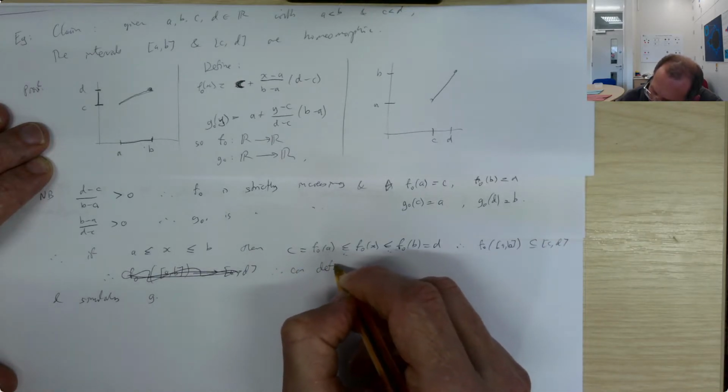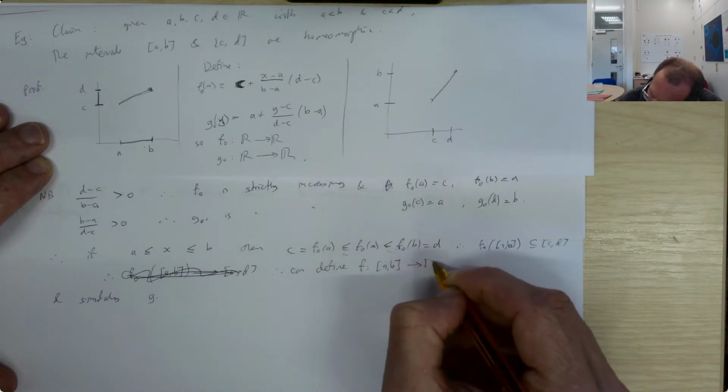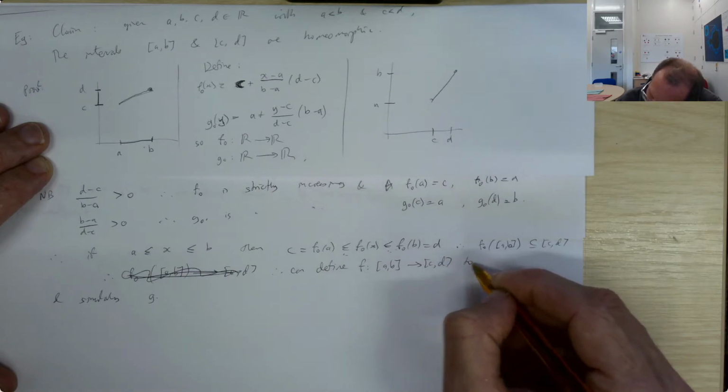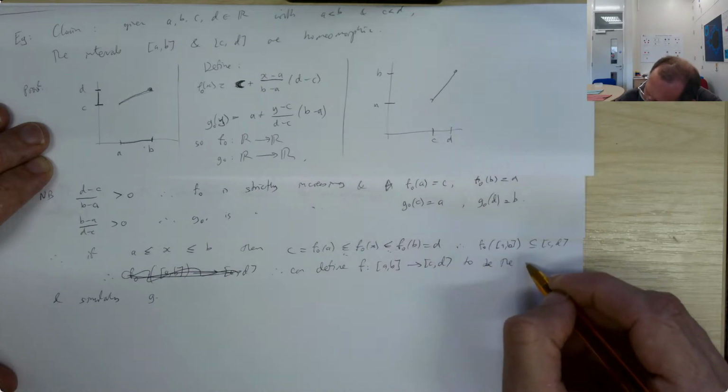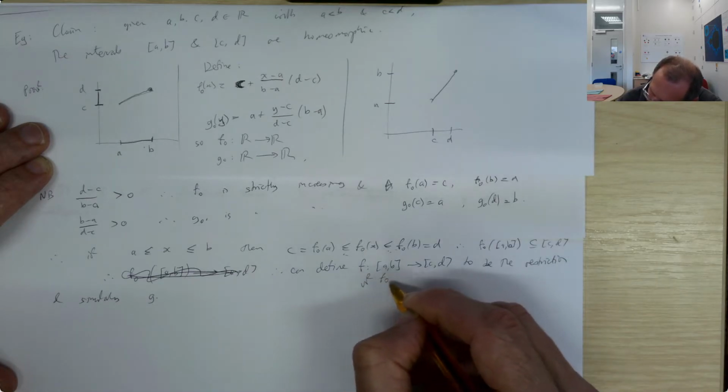so we can define f from AB to CD to be the restriction of f naught.